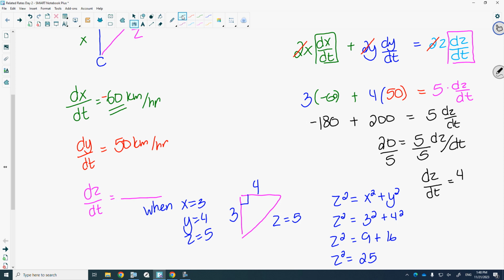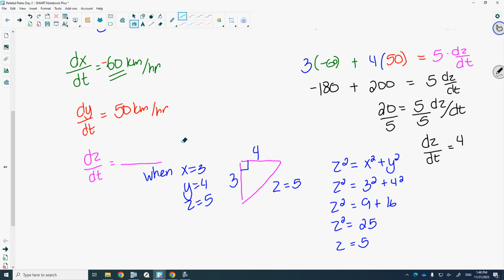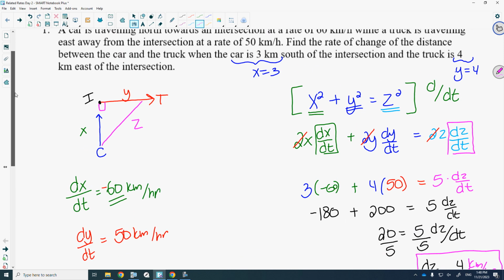Now, what would the units be? Kilometers per hour. Okay, so this would be kilometers per hour. Now let's see if we could figure out what it was we just solved. So the car is moving towards the intersection at a rate of 60 kilometers per hour.